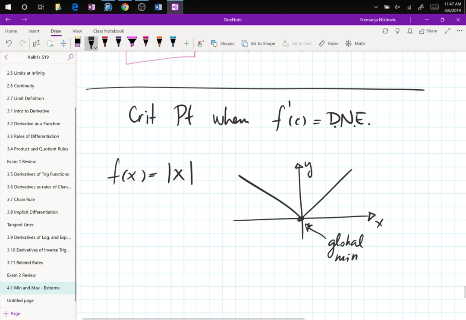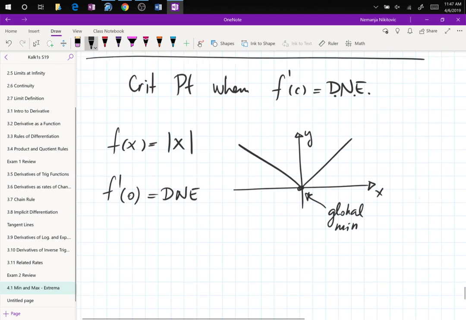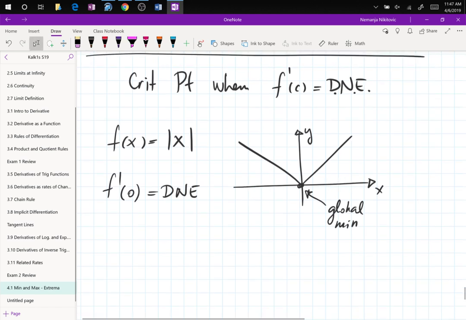So a global minimum at 0, 0, but it's not differentiable. So f prime at 0 does not exist. But we still have a minimum. So if you are unable to take the derivative at the point, you might have a critical point. You have to check.